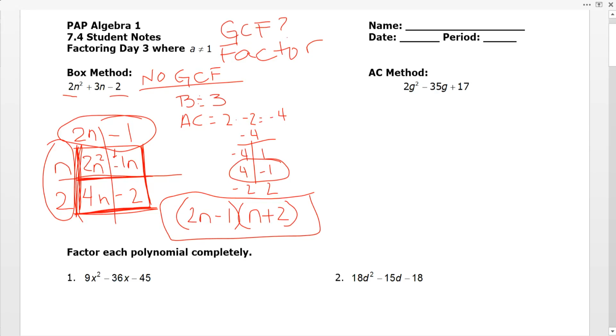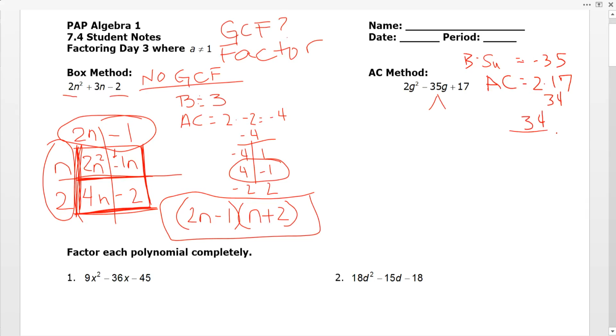For the second one, I'm just going to find my magic numbers and use them to replace my 35. So still I have no GCF, so my sum, b, is negative 35. My product, a times c, is 2 times 17, which is 34.